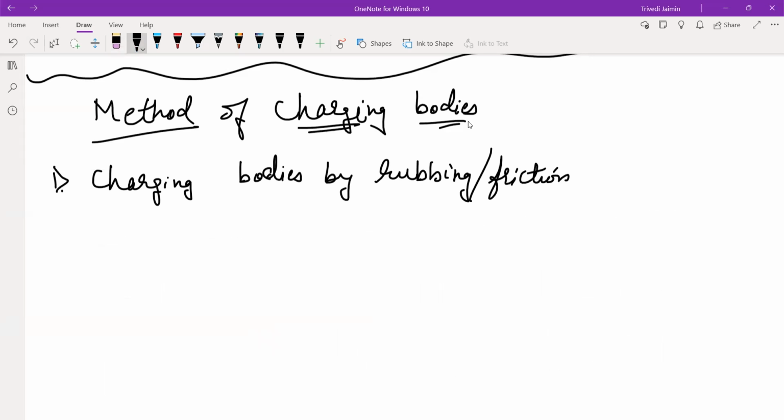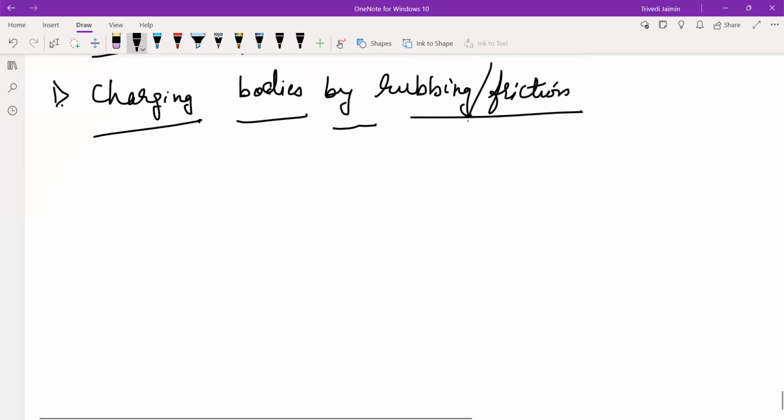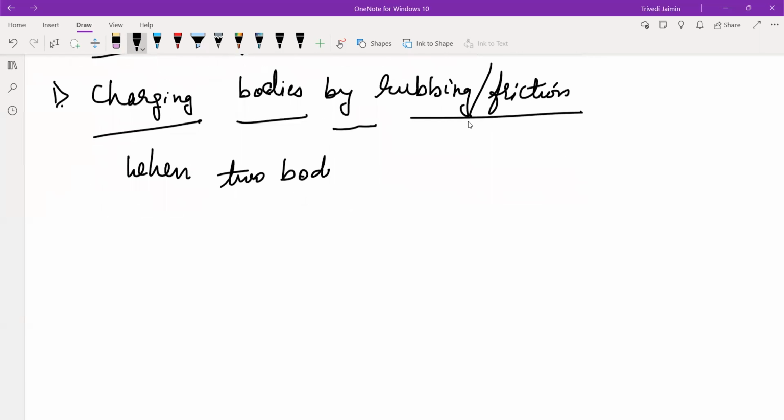Okay, let's come back. Charging a body by rubbing or friction. Suppose two bodies are rubbed together.